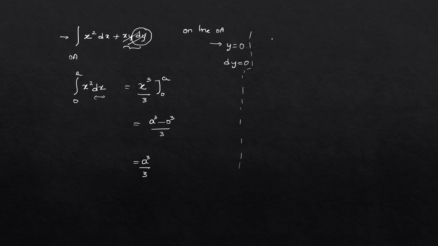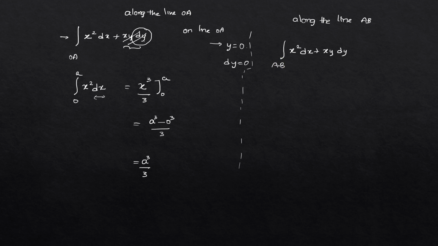Along the line AB, same to same, we have to do it in the same manner. The integral function is the same: x square dx plus xy dy along the line AB.